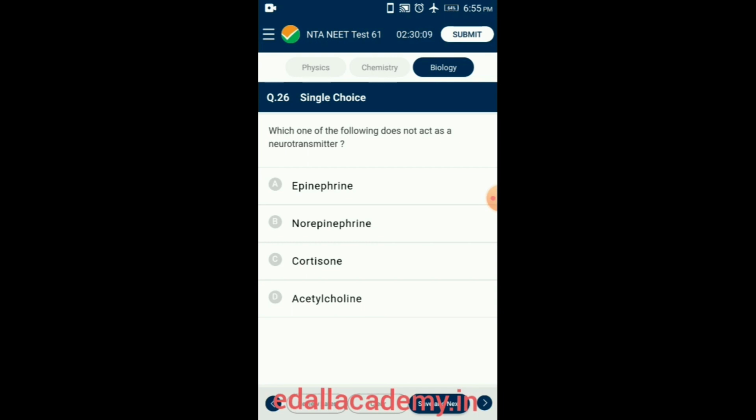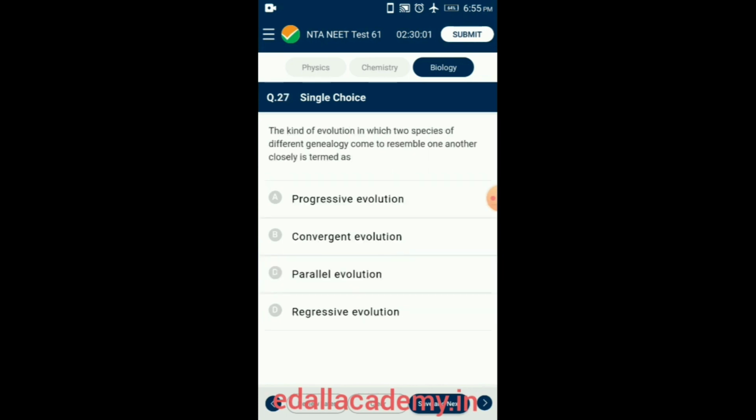Cortisone is not a neurotransmitter. So the correct option is cortisone. Question number 27. The kind of evolution in which two species of different genealogy come to resemble one another closely is termed as.